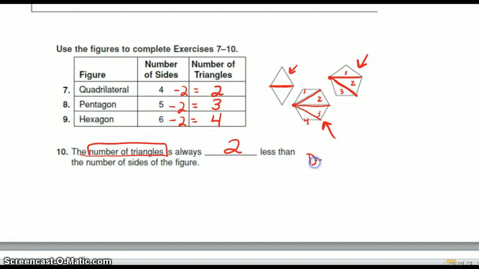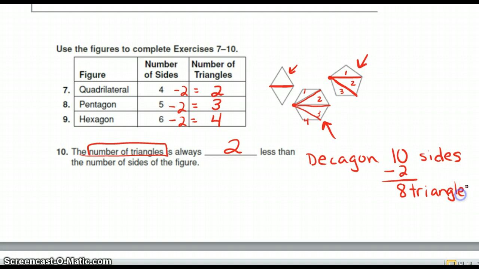So if I had a decagon, and we know that a decagon has 10 sides, and I wanted to know how many triangles that would be without having to draw it, 10 sides minus 2 will give me 8 triangles. And then I could take those 8 triangles, multiply times 180, and see how many degrees were in a decagon.